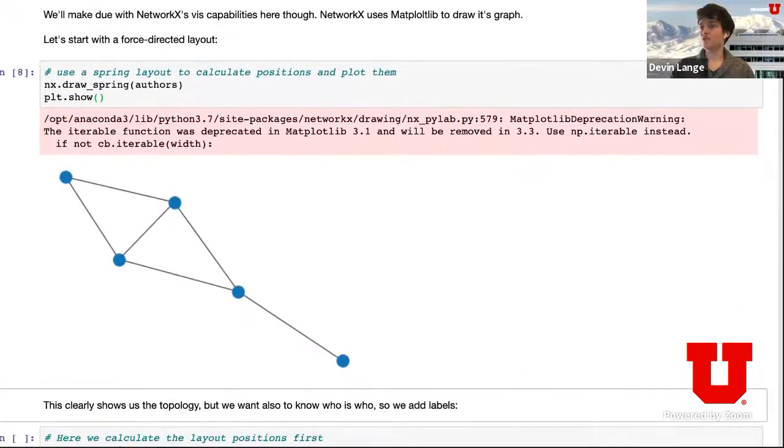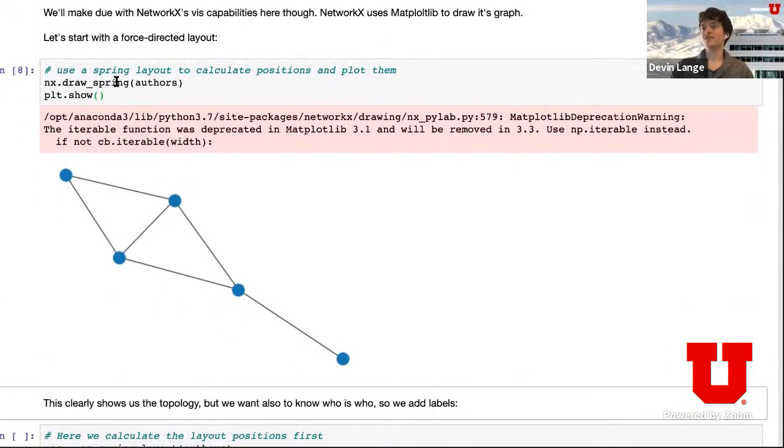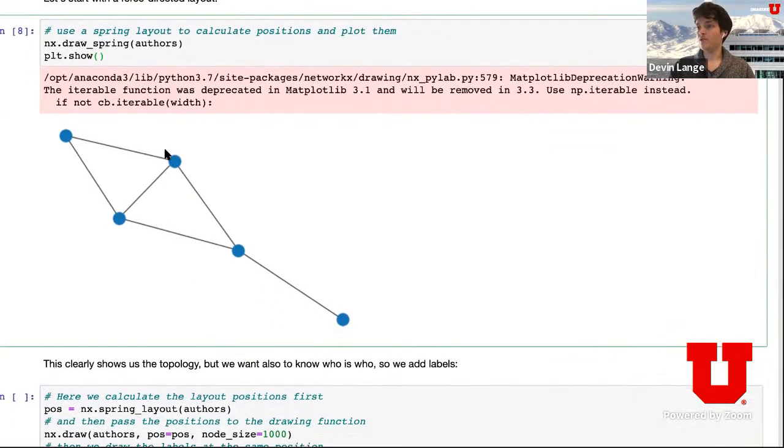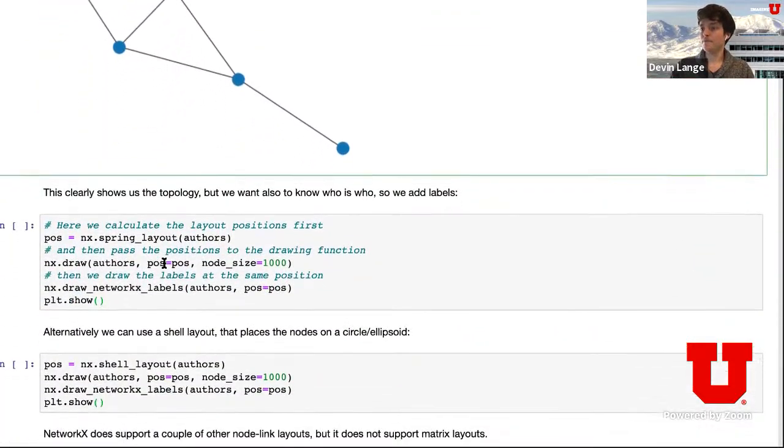In this case, we are going to use a layout called a spring force layout, which we'll go into how that is computed a little bit later. But this will lay out your graph for you. You see the nodes as blue circles and the edges as lines between them.